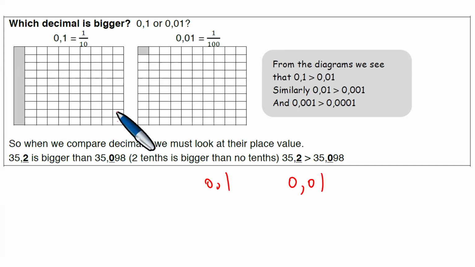Now, 1, 2, 3, 4, 5, 6, 7, 8, 9, 10. So there are 10 rows. Starting here, 1, 2, 3, 4, 5, 6, 7, 8, 9, 10.